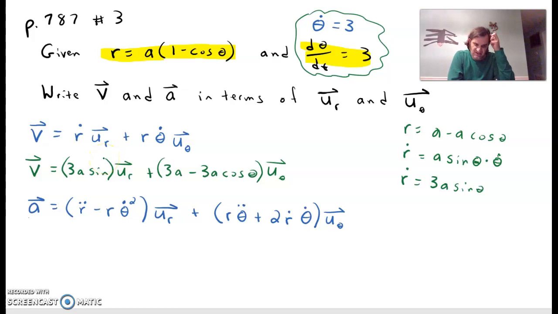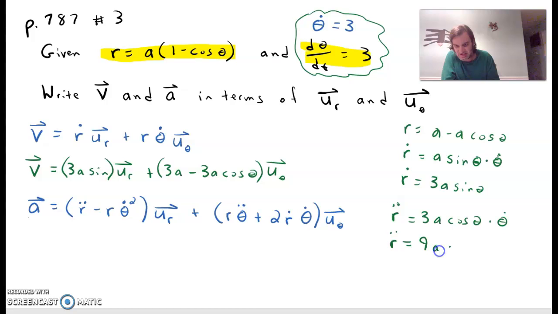The hard thing to remember here is that theta is a function of t, like most of our vectors have been functions of t. So if we take the derivative of theta, since it's a function of t, it's kind of like a chain rule. So the second one down here, r double prime, would be 3a cosine of theta times theta prime. So that will be 9a cosine of theta.